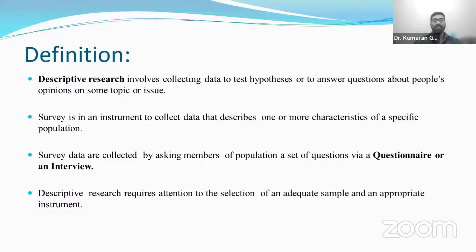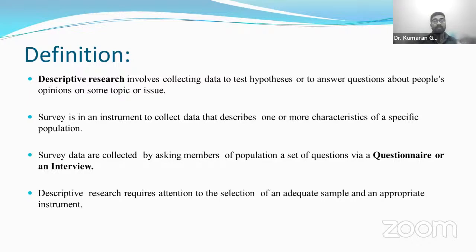A survey is an instrument to collect data and describe one or more characteristics of a specific population. Survey data are collected by asking members of a population a set of questions via questionnaire or interview. But today, we're going to focus on questionnaires only, not interviews, because interviews would lead us to qualitative.